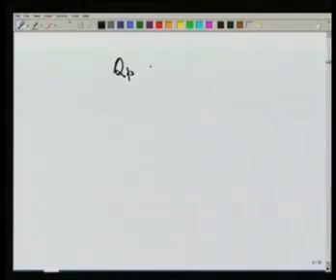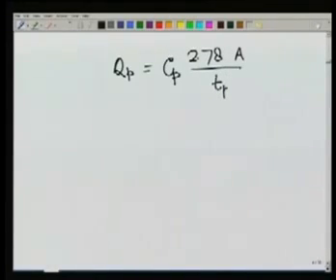Now to find out the peak discharge, Snyder found another relationship, and he says that Qp will be given by some other constant Cp (2.78 A over Tp).